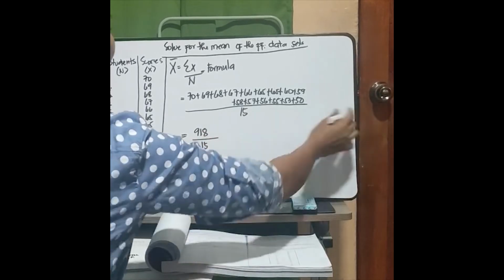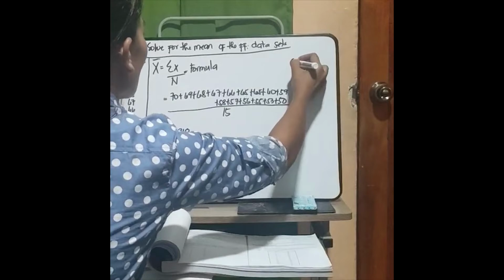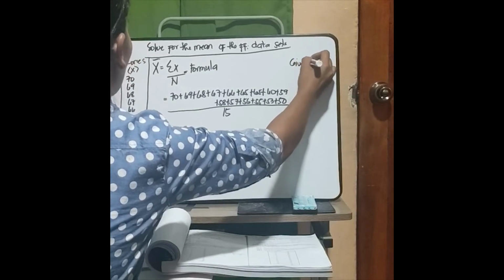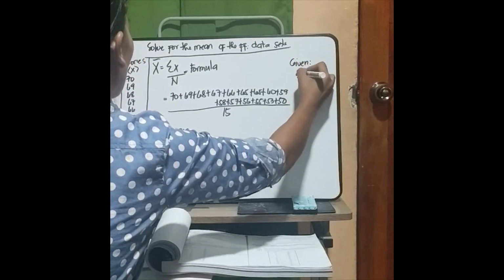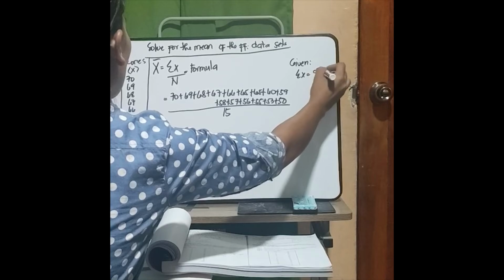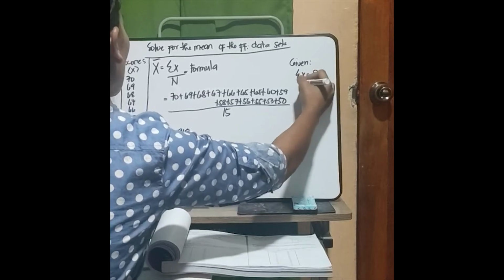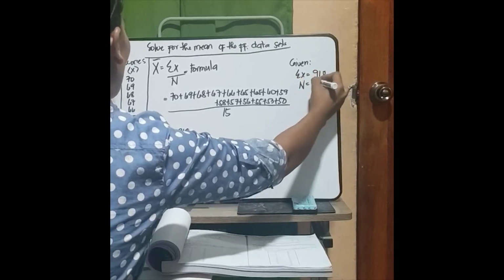Alright? So, our given is summation of X is equal to 918. Total number of students is equal to 15.